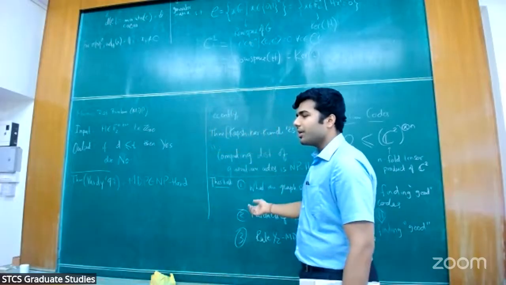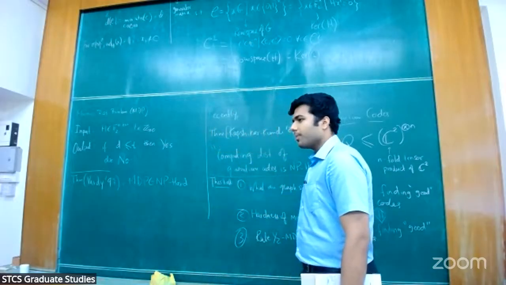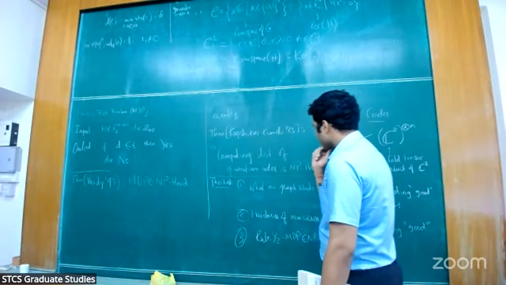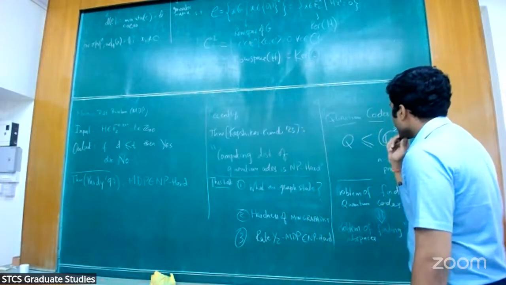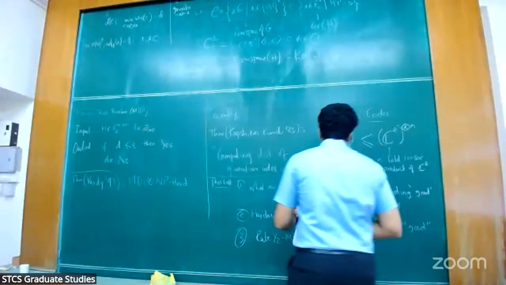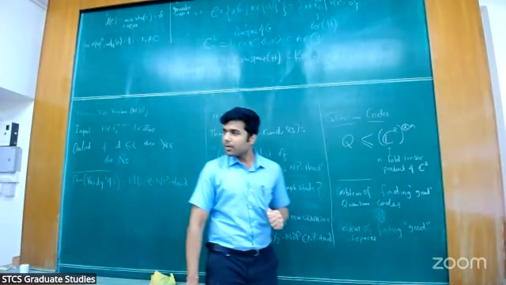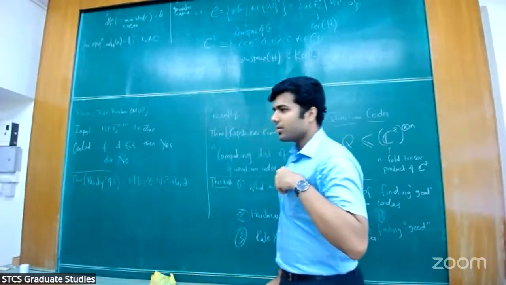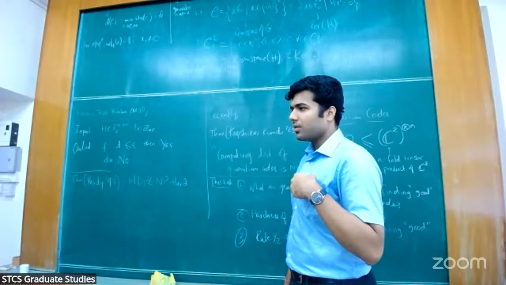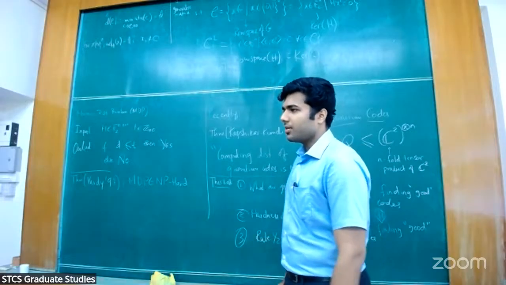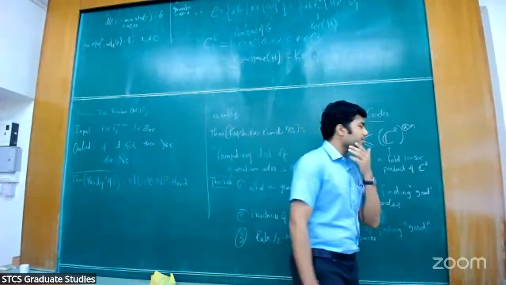So the rate half case was not known. Wait, sorry, just to confirm. You're saying that if I show that rate half MDP is NP-hard, I also show that rate one fourth MDP is NP-hard? Yes, by padding an appropriate number of zeros.